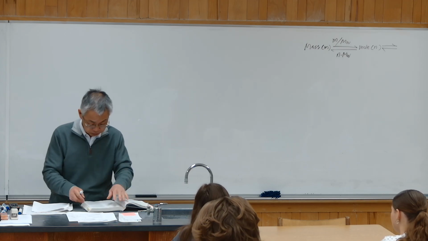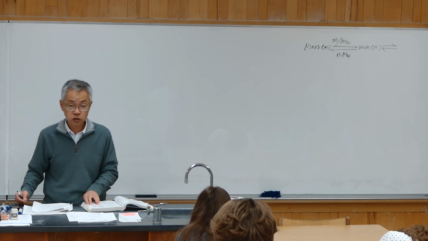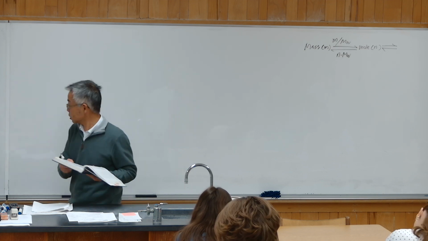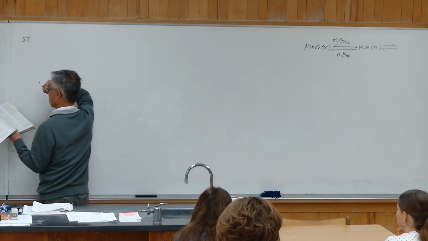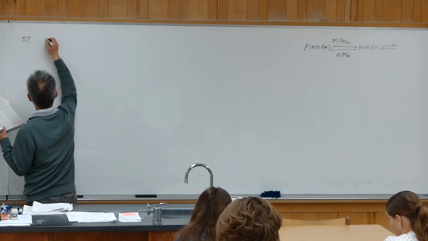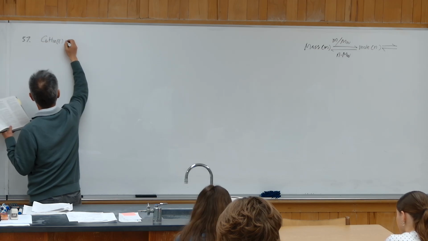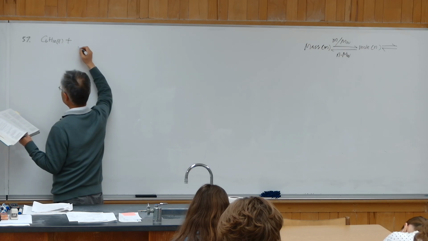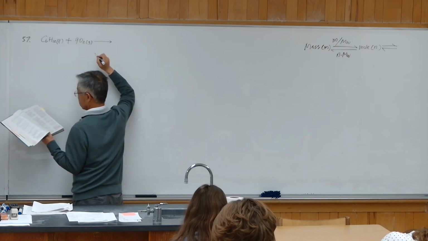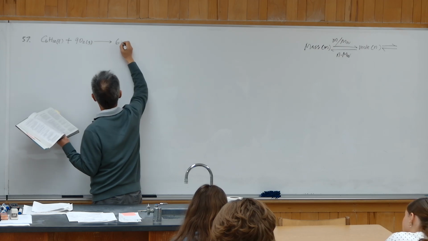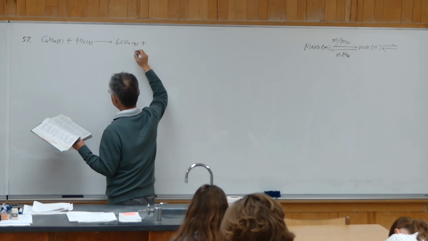Question 57. From standard entropy of formation, calculate the reaction entropy change. The reaction is C6H12, which is a liquid, reacting with oxygen gas, to produce carbon dioxide and water.